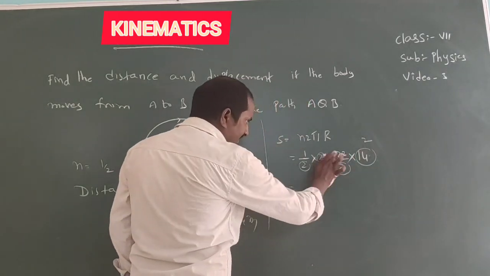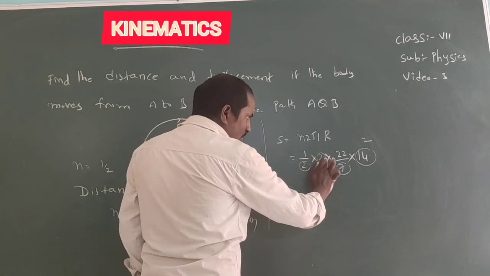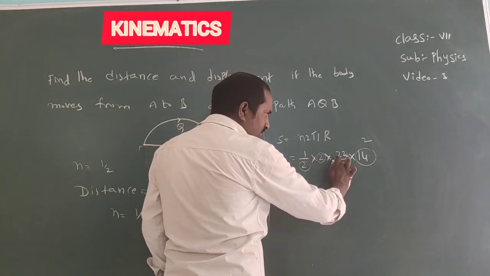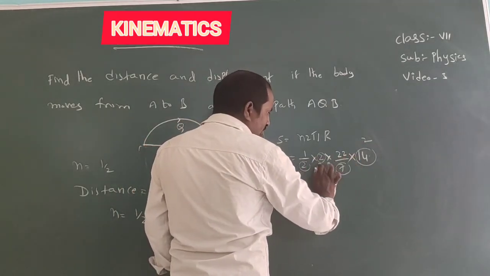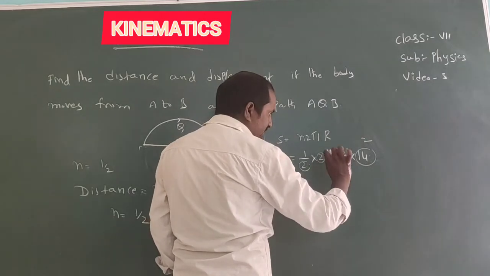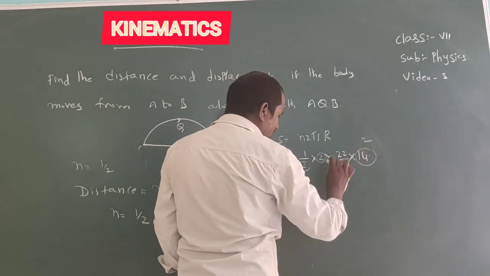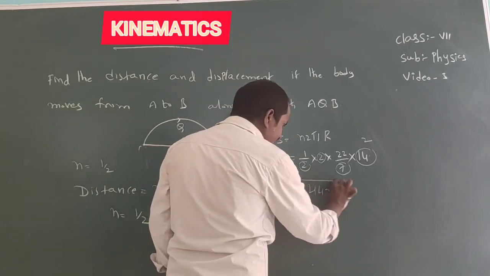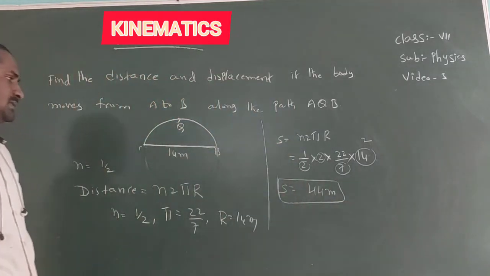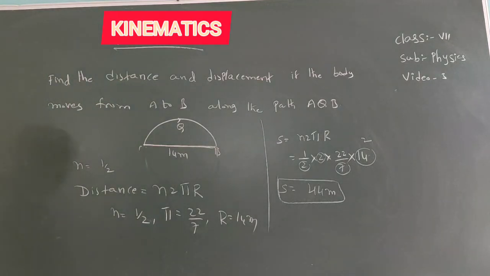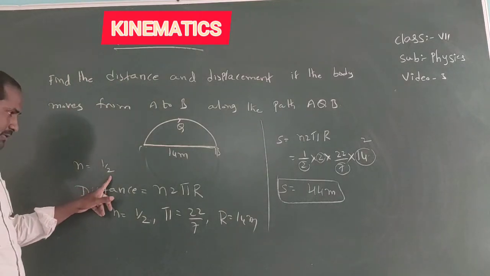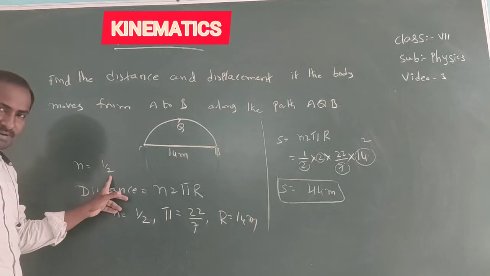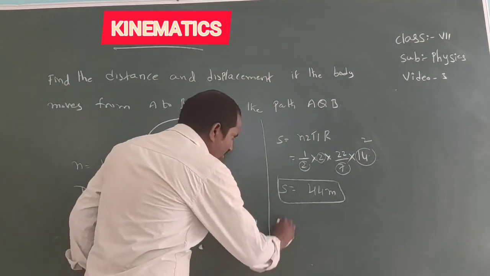So what is the remaining value here? 1 into 22 into 2, that is 44 meters. So s equals 44 meters.